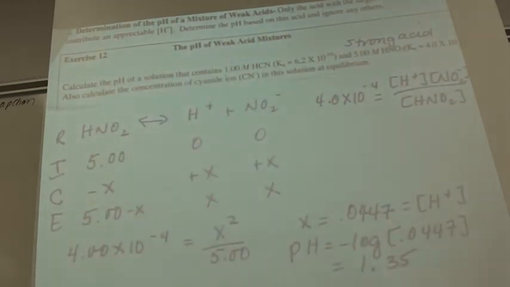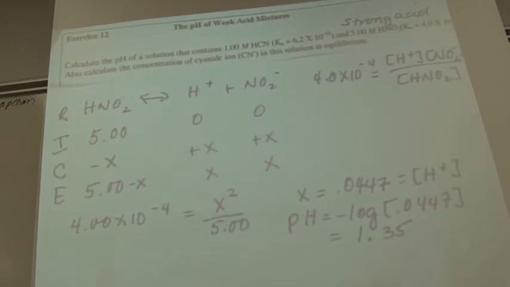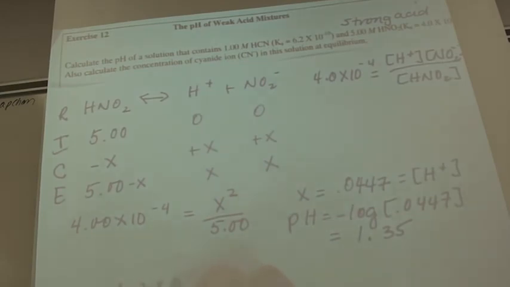Now they want to know the concentration of the cyanide ion in the solution at equilibrium. Well, the Ka for that particular problem would be equal to 6.2 times 10 to the negative 10 is equal to H plus times CN minus over HCN.